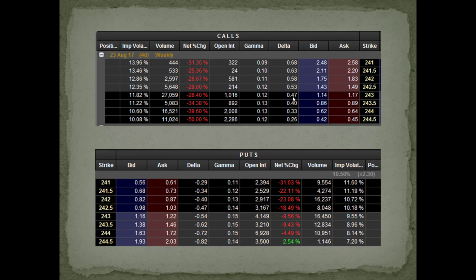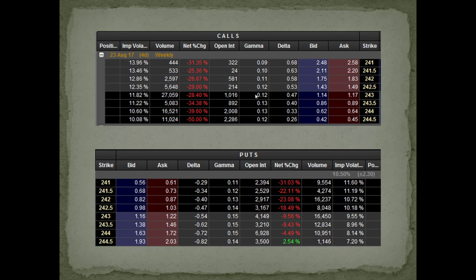this delta is going to bring my contracts up 0.047, so almost 5 cents. So this is going to read around 1.19, and then this is going to read around 1.22, just going off of the delta.